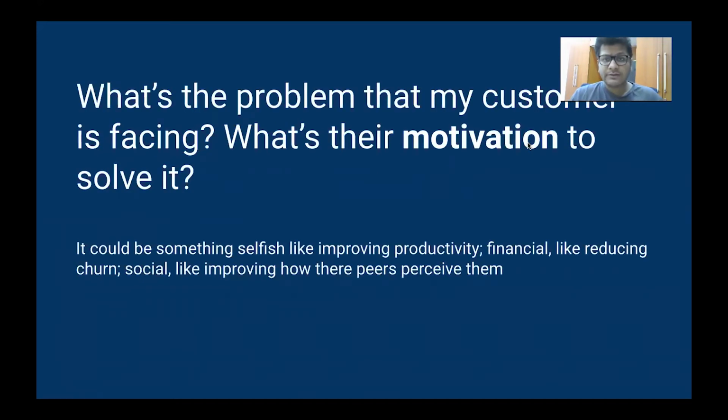Then you need to really understand what is the problem that this customer is facing, and what is the motivation for this customer to actually solve this problem. So in our case, in ConvertFly, the problem was that people were tired of the diminishing returns they were getting through their email campaigns.